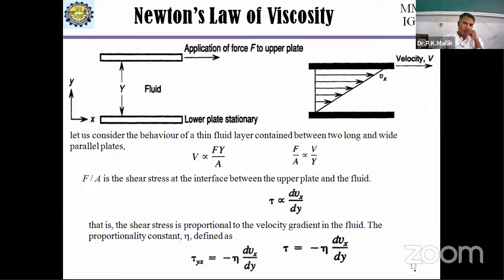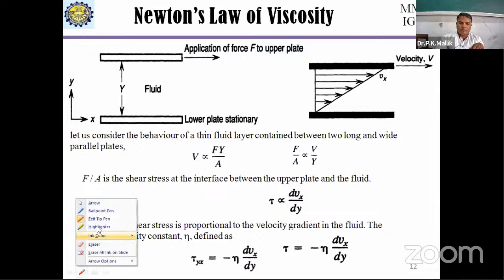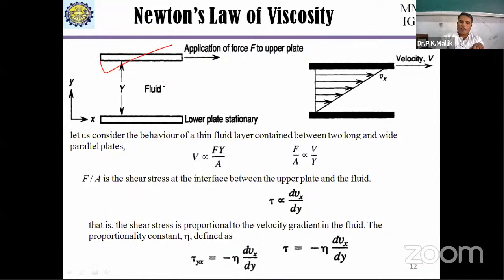Here is an example of fluid contained between two plates, one the upper plate and the other the lower plate. The lower plate is stationary and the upper plate is moving with a force, and the two plates are separated by a distance y.